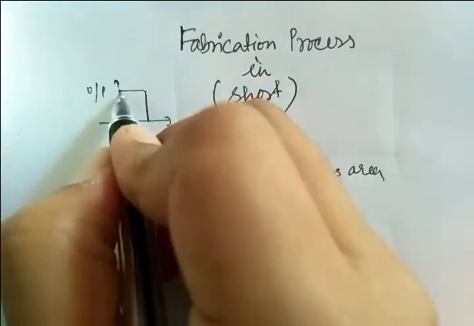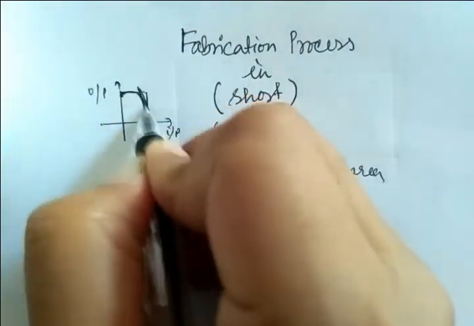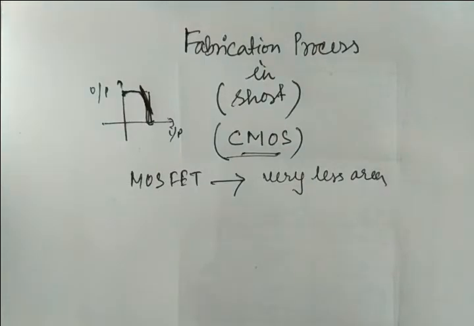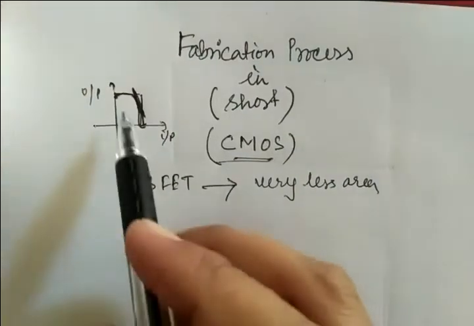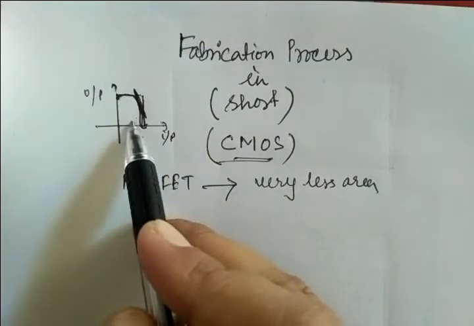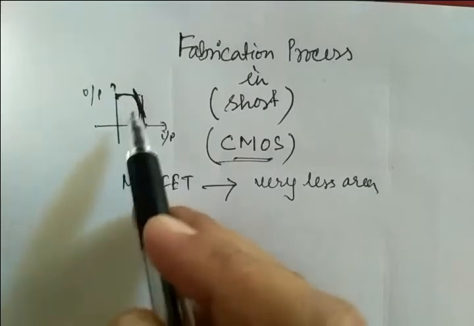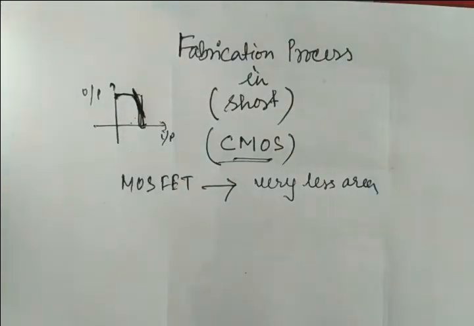This is your ideal curve, but practically there is a slope. Why is there a slope? What are the different regions, and what region is applicable for linear region, saturation region, and cutoff region, and what is the nature of the MOSFET in those regions, that will be discussed in my next video lecture, right?